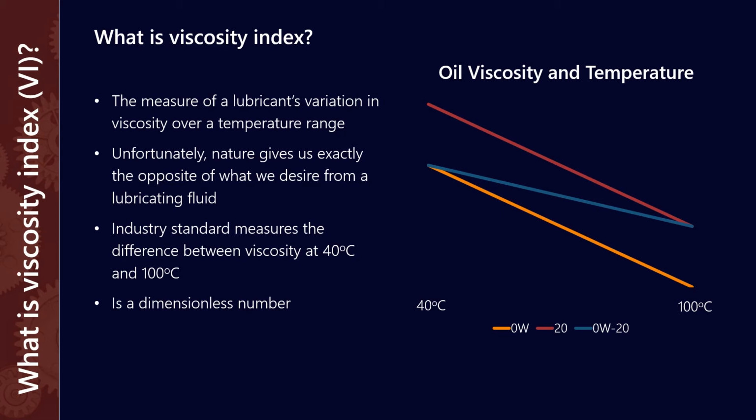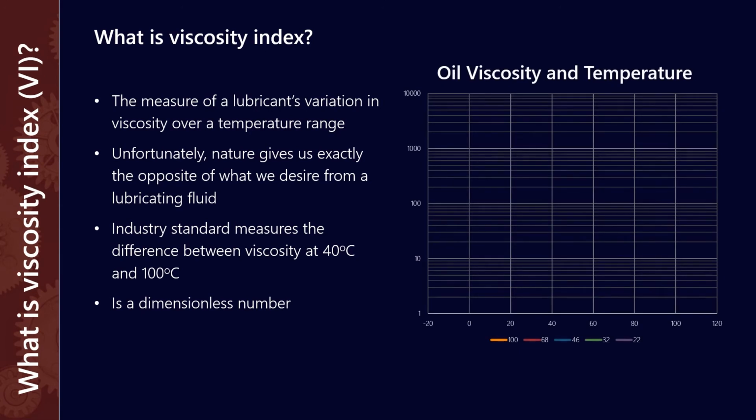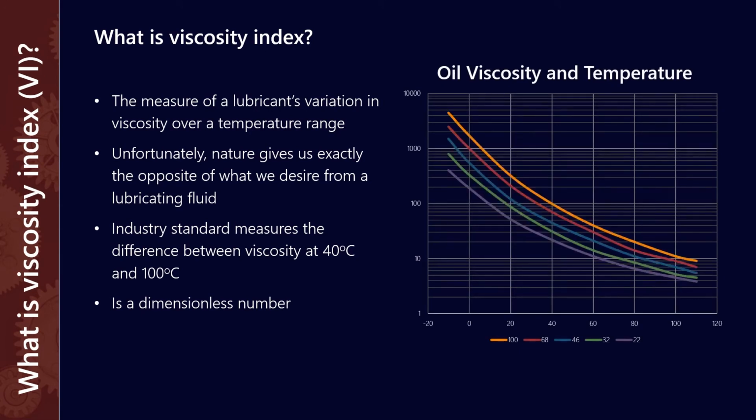Now, in actual fact, the viscosity and temperature curve is very rarely straight. In most lubricants, it actually looks something closer to this. One thing that you'll notice here is that particularly below 40 degrees, the relationship between temperature and viscosity is non-linear.